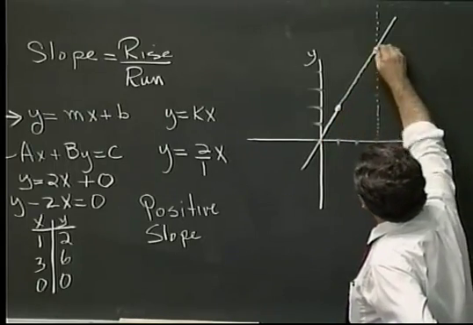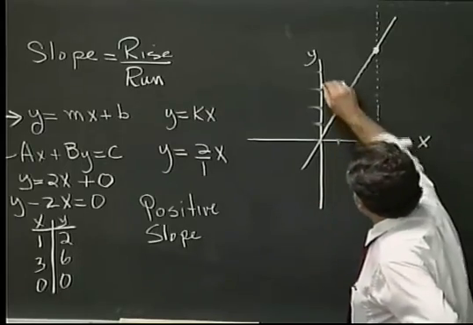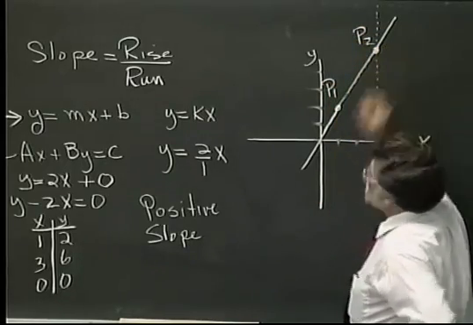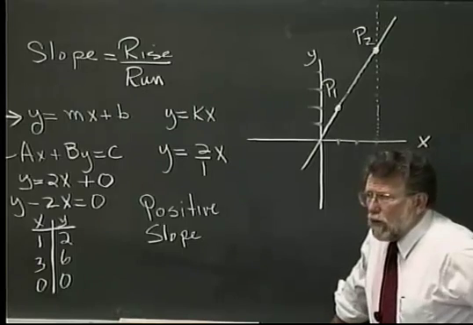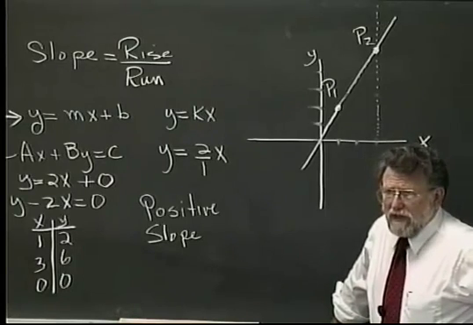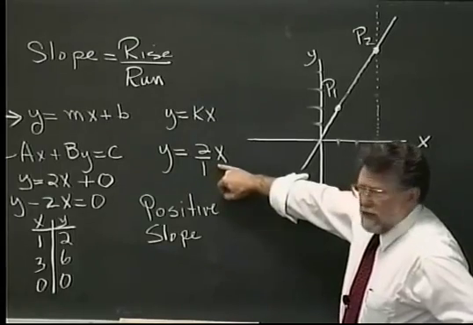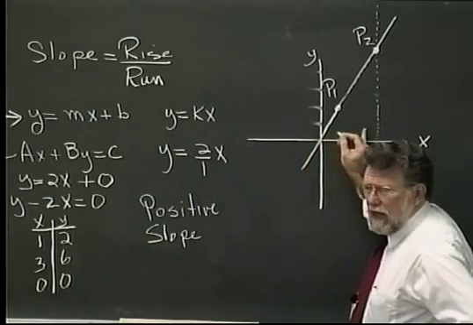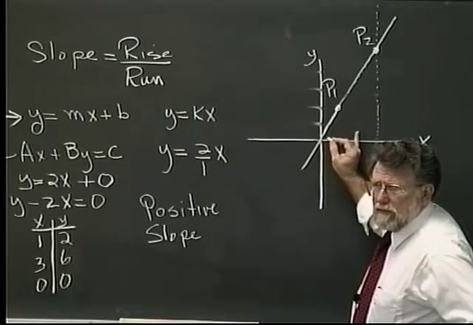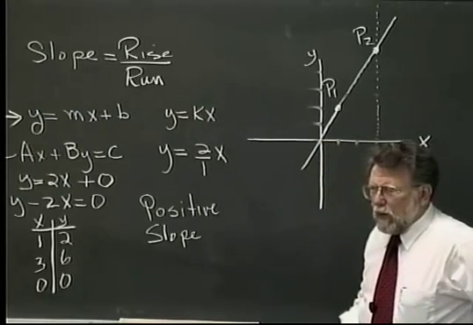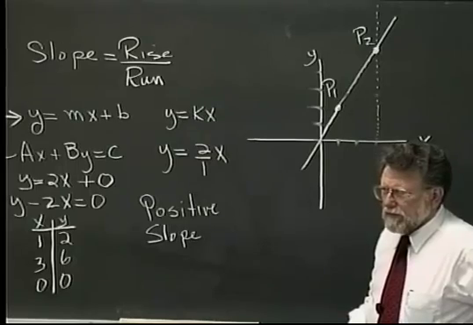This is the first point. This is the second point. As I go from P1 to P2, the line is going upwards to the right, positive slope. So when I write something, y by itself, and I see a positive, I've got to see a line in this orientation. Now, I think another one you had was y equals negative 6x.